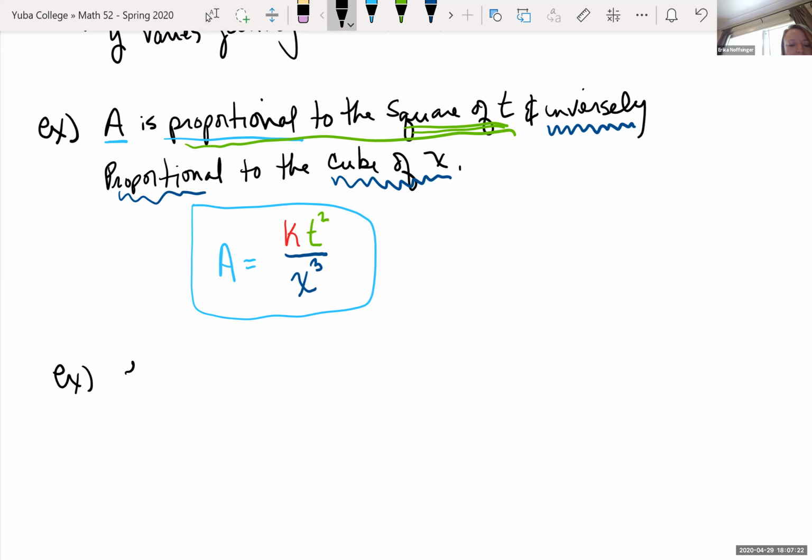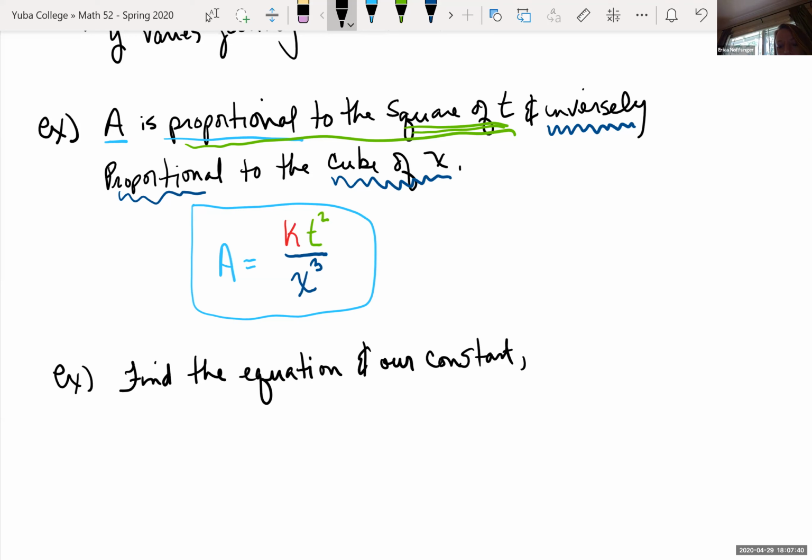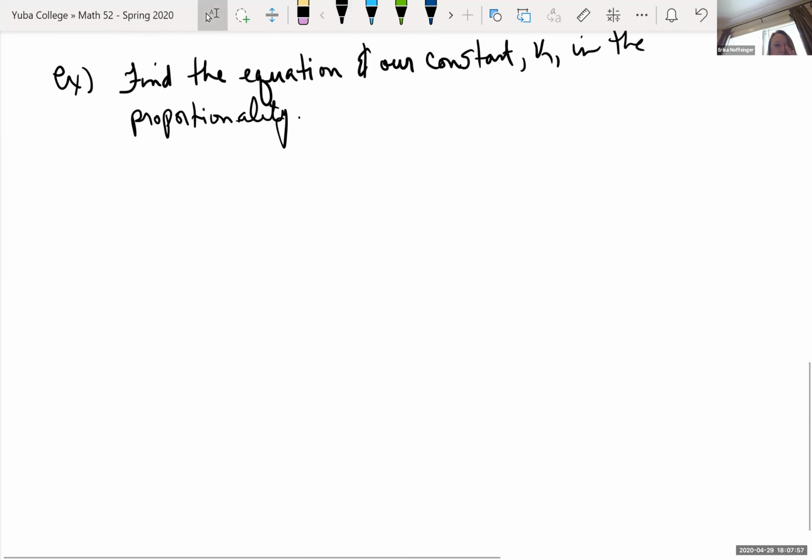So we're going to find the equation and our constant. So maybe faster if I just type it. So let's look at the following.